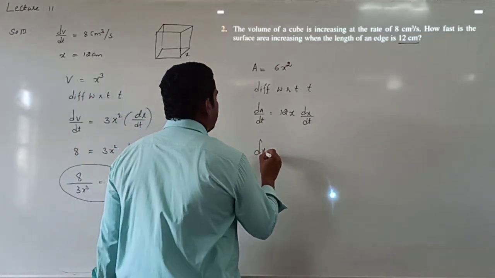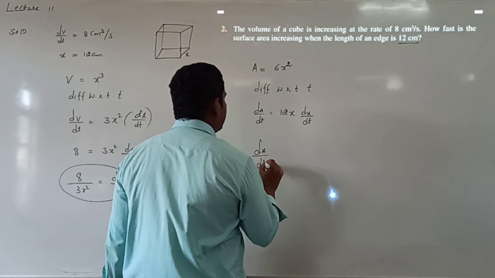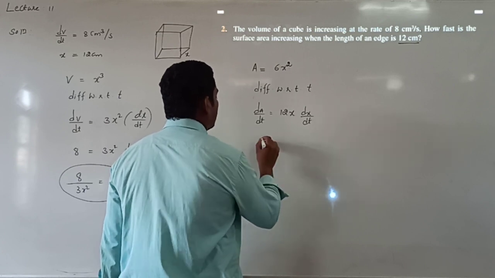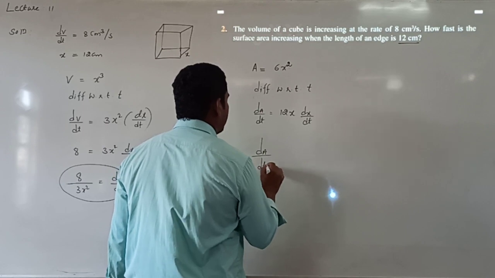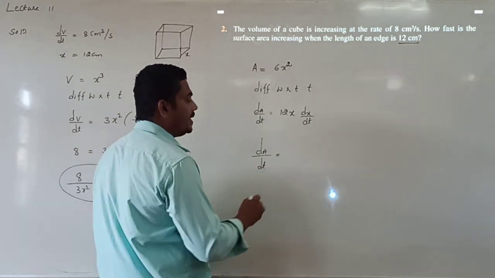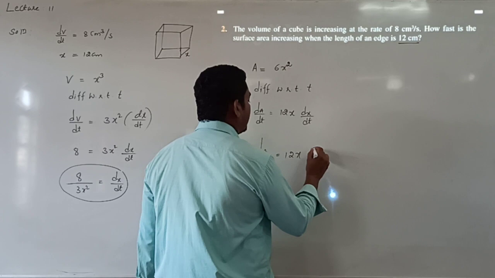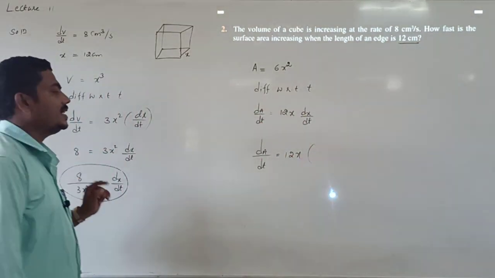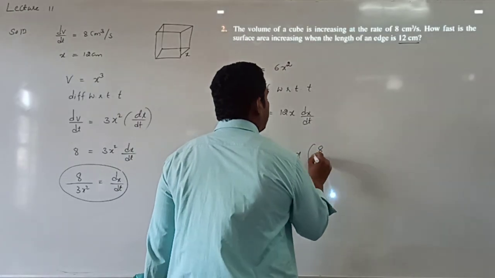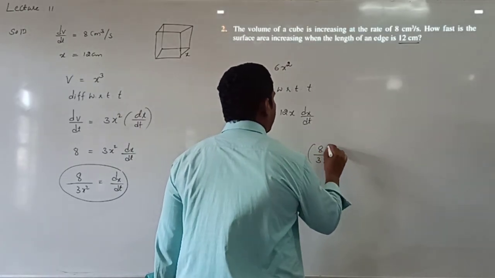After that dA divided by dt is equal to 12x into, replace the dx by dt value, here dx by dt is 8 divided by 3x square.